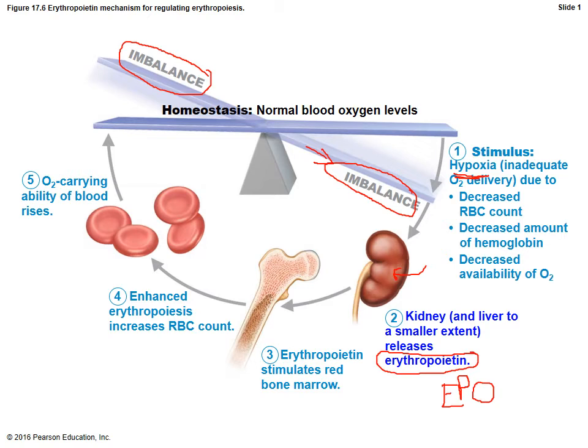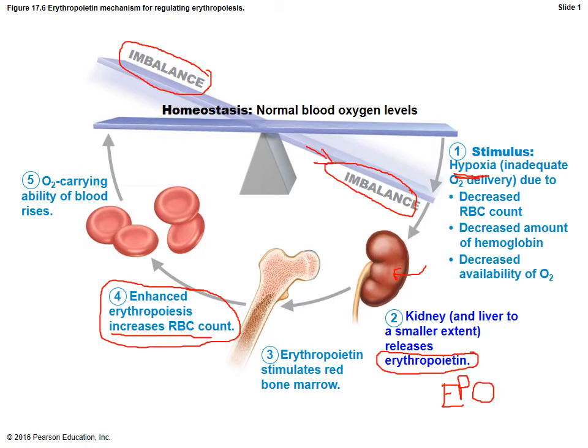So what it will do is it will start secreting EPO. The EPO will hop on into the bloodstream. It will travel over to the red bone marrow. And then just like we saw in our little pictures, it's going to allow for the stem cells to become committed cells, to become erythroblast cells, to become reticulocytes, and eventually what you see happening is that you have a higher level of mature red blood cells that are floating around.